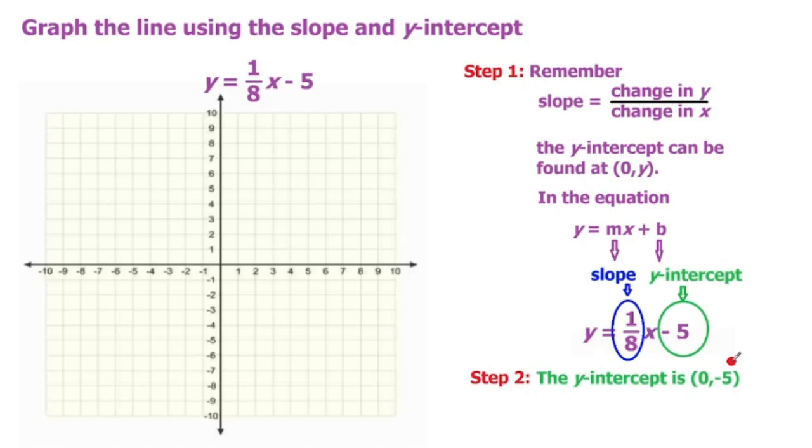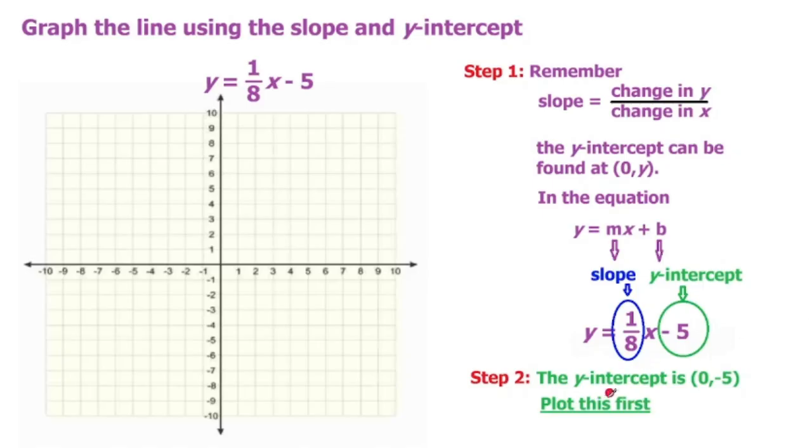The reason is if we put 0 in for x, this goes away, and then y becomes -5. We're just left with y equals -5. So when x equals 0, y equals -5. So that is our y-intercept. That's where the line crosses the y-axis.